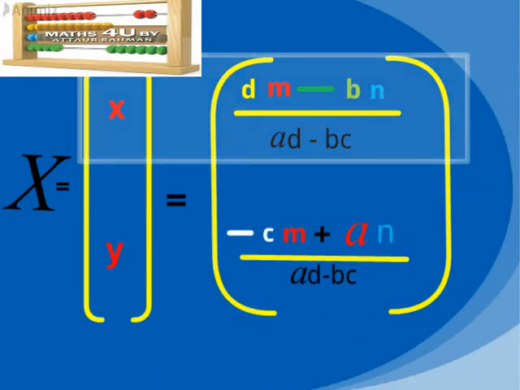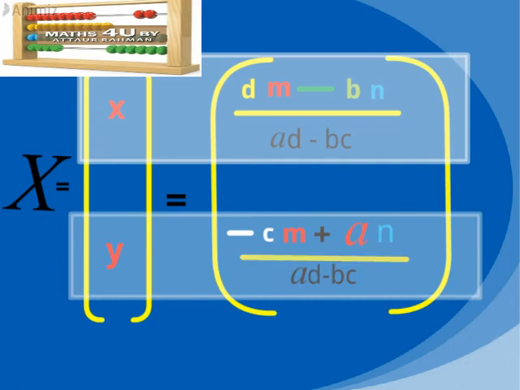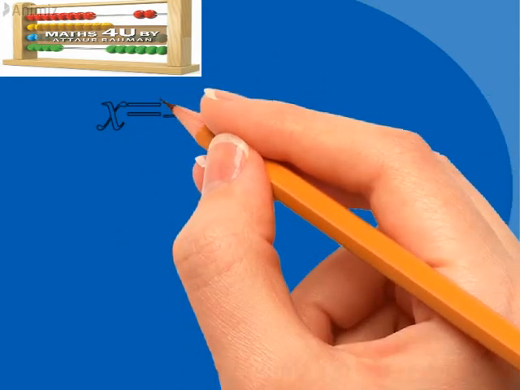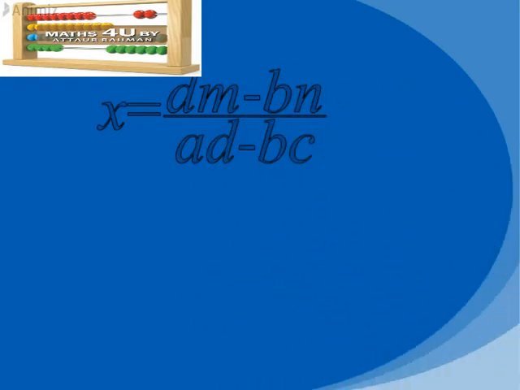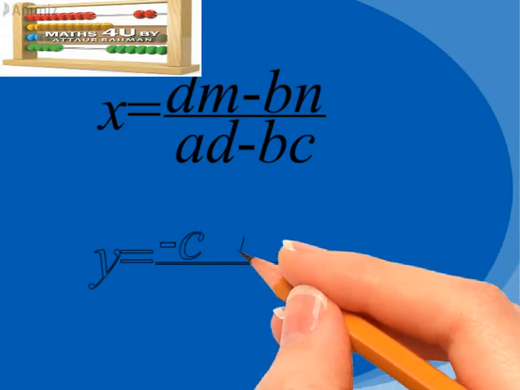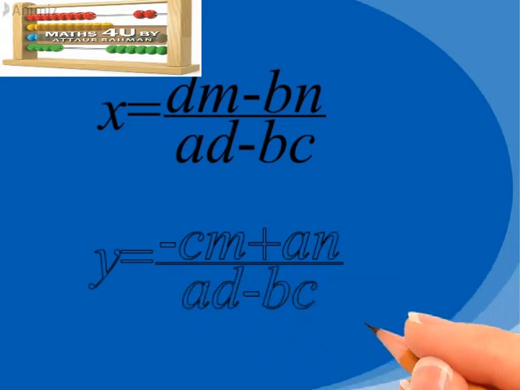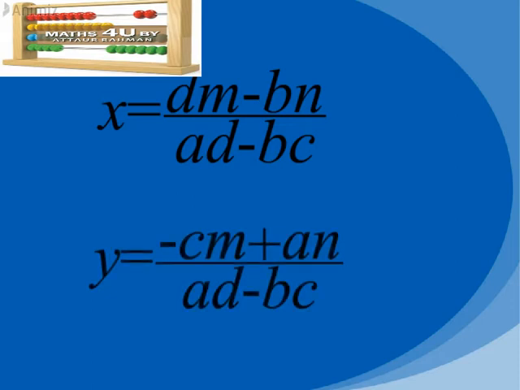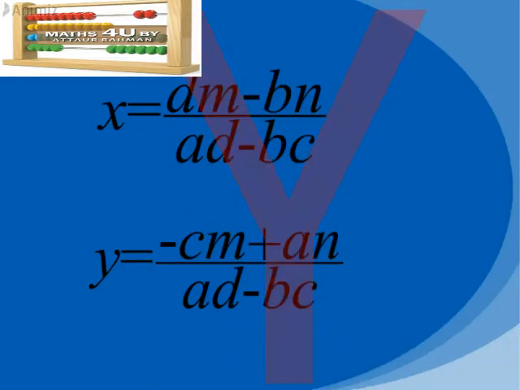Now, by the definition of equality of two matrices, we have the values x and y. x is equal to Dm minus Bn divided by AD minus BC, and y is equal to negative Cm plus An divided by AD minus BC, which are the required values of the unknown variables x and y.